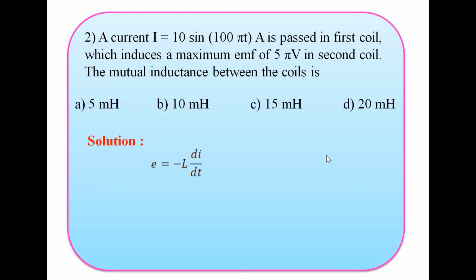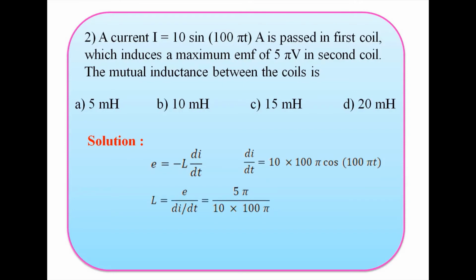We know that according to Lenz's law, the equation is small e equals minus L into di by dt. So di by dt means 10 into 100 pi cos(100 pi t). So L equals E divided by di by dt.